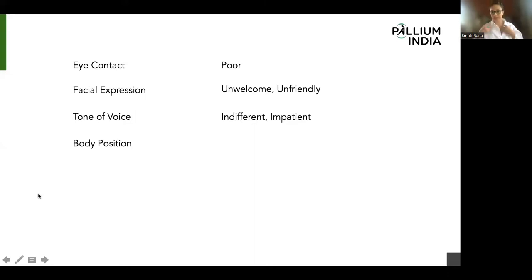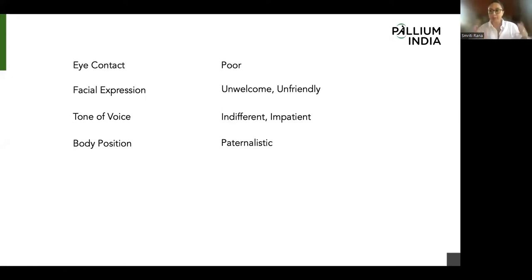Body position. Not posture, position. Okay. Paternalistic. Now I'm going to tell you what that is in the next session. How we place ourselves in relation to the other person. If somebody is sitting and I'm standing, or somebody is standing and I'm sitting and not letting them sit down.